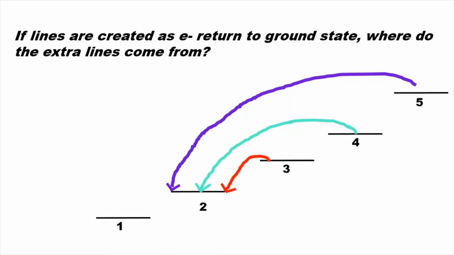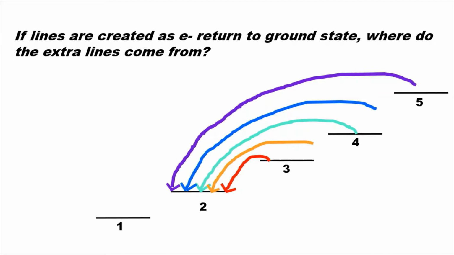But there are other colors that are possible. So if, simplifying this explanation, there was a blue line, then it would seem that it must be coming from somewhere in between level 4 and 5. Or if there was an orange line, it would appear that it's coming somewhere between 3 and 4.